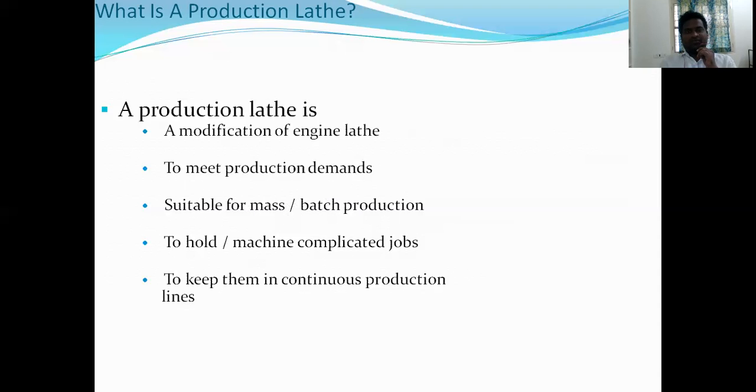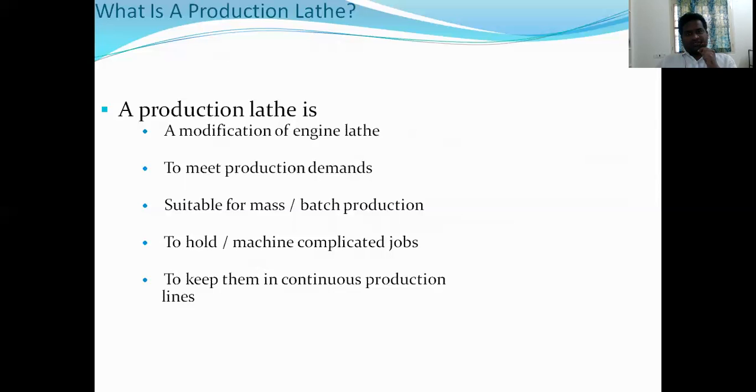If we are manufacturing a tool, say a knurling tool or a drill bit, some 8 mm dia drill bit, mass production means we are producing a large number of 8 mm dia bits. That's why it is called mass production.